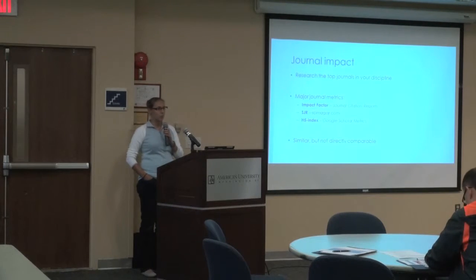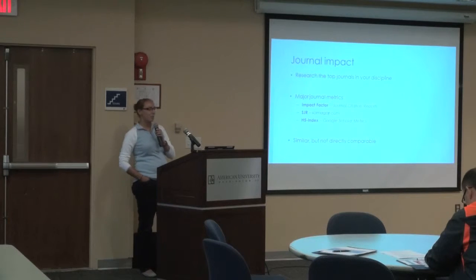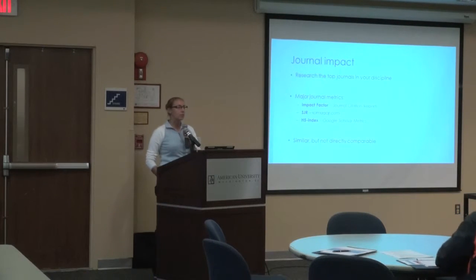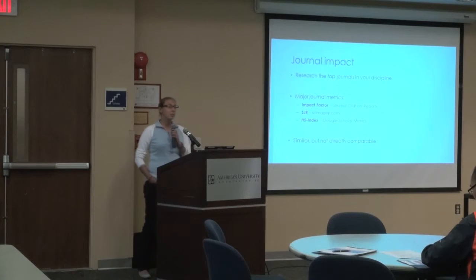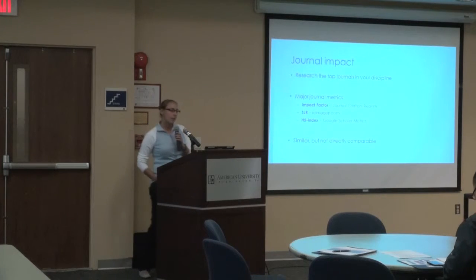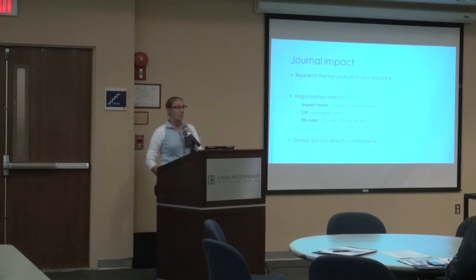Hopefully everyone is familiar with impact factor, but I will be talking about it. And there are two others, SJR and the H5 index, and they're all designed to weight the quality of journals in disciplines. And just to note, these three metrics are very similar, but they are not directly comparable to each other. So I would not compare an impact factor versus an SJR because they all use different formulas.